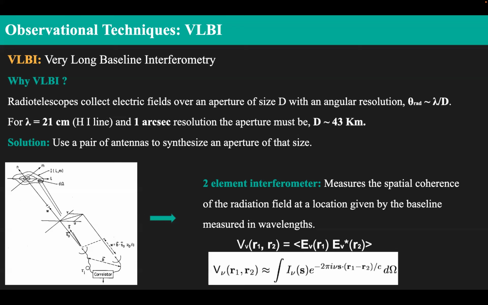So this means that we can measure this function just by holding one antenna fixed and moving the other one around it, and we don't have to measure it in every pair of points. This function is also called a spatial autocorrelation function of the radiation field, and it's all we have to measure.